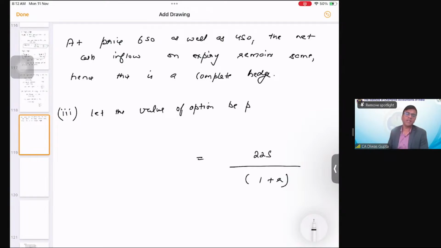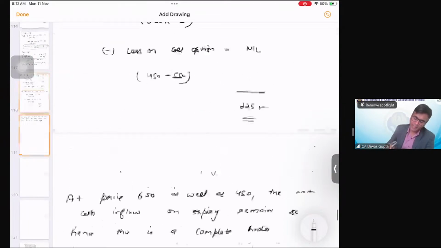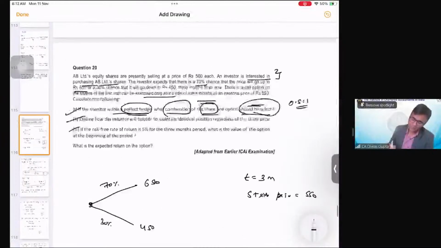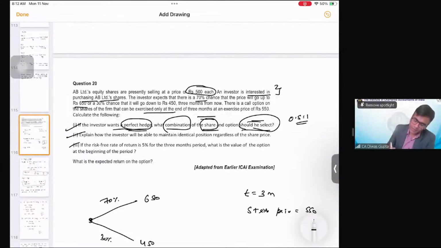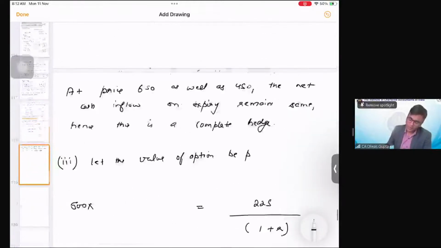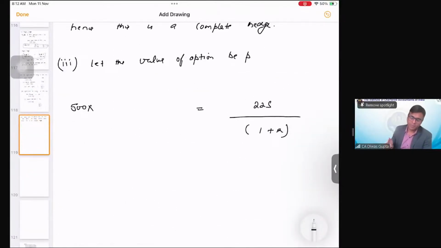What is the current strategy? Purchasing 0.5 share and short selling one call option. What is the current price at which I would have purchased? 500 is the spot price, right? So in the question it is mentioned 500 is the spot price. Clear? So what I will do, 500 spot price into 0.50. This becomes my original cash outflow for purchasing 0.5 shares.